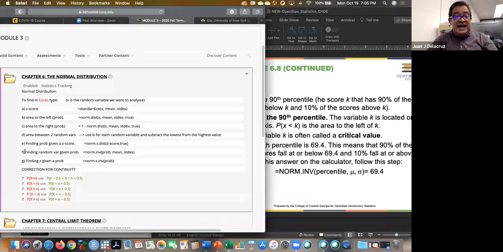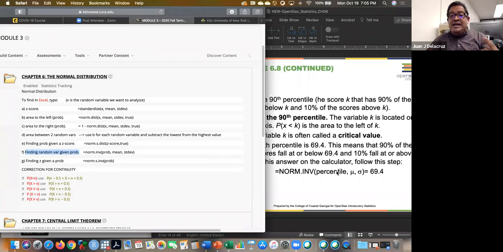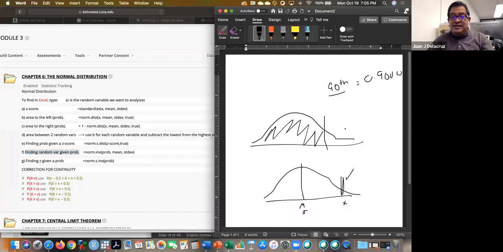So this is finding a random variable given a probability, right? So here the question is, I give you the probability, the area under the curve. Then you have to find the random variable. That's what we ask here. So I give you the probability, you have a mu, and you have a sigma.